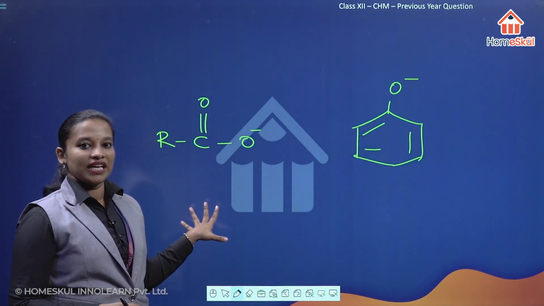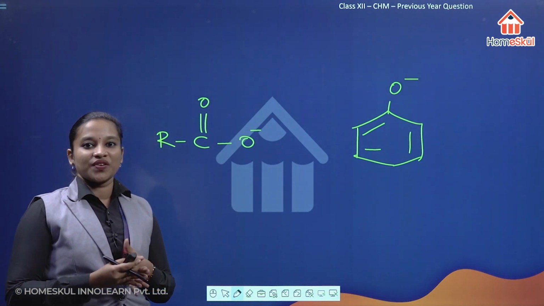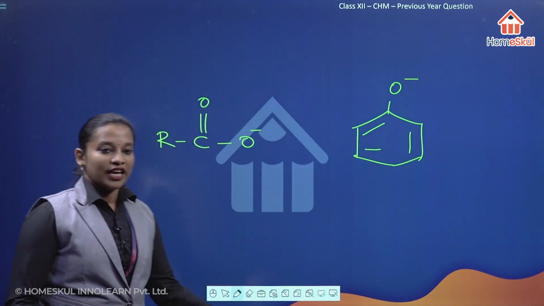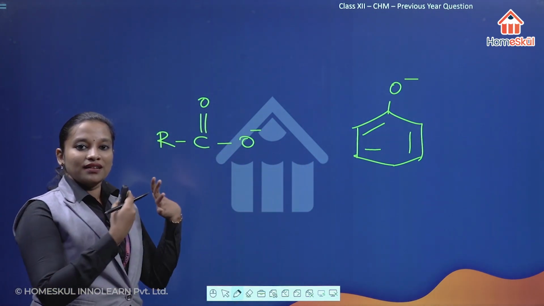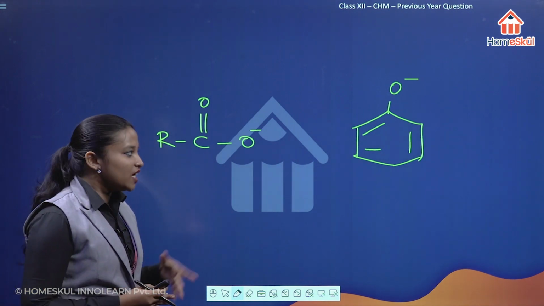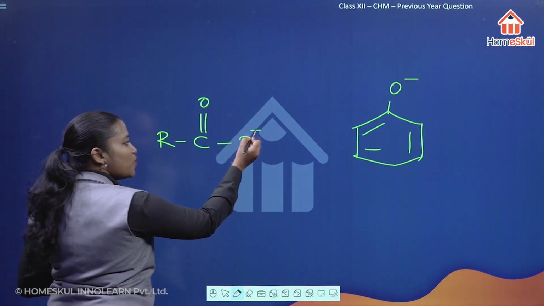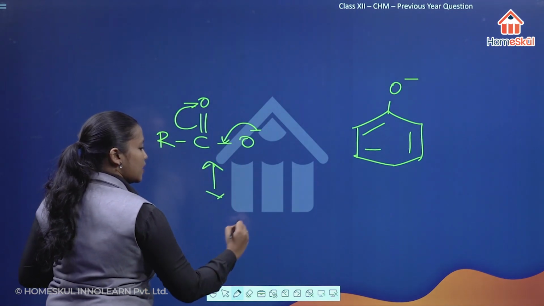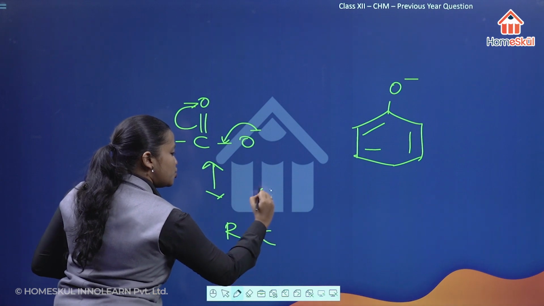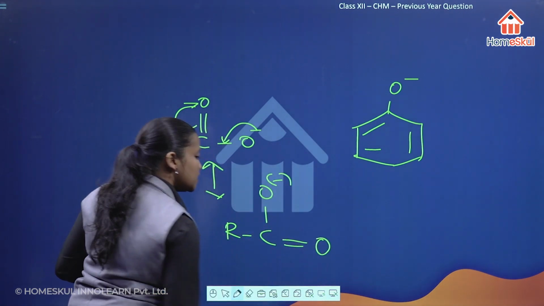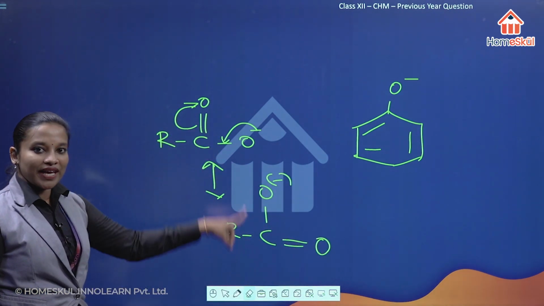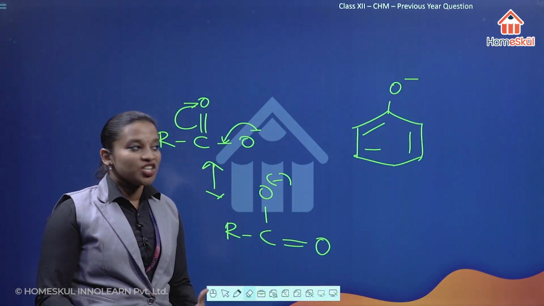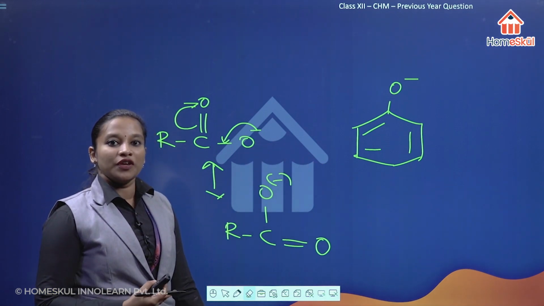Their stability explains the acidic strength. If the remaining structures, the carboxylate ion and the phenoxide ion, are stable, then it is a powerful acid. In the case of the carboxylate ion, it is resonance stabilized with two equivalent structures. Here we can see two similar structures. That is why carboxylate ions are more stable in comparison with the phenoxide ion.